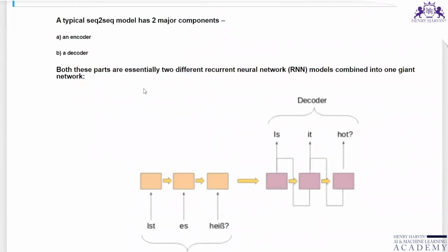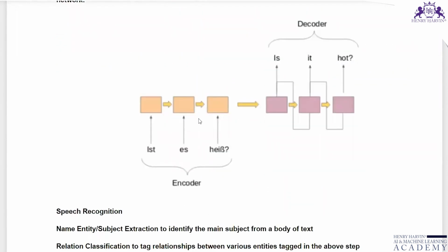Both encoder and decoder are two different recurrent neural network models combined into one giant network. You can see over here, this is the encoder and this is the decoder. There are several use cases of sequence to sequence modeling.